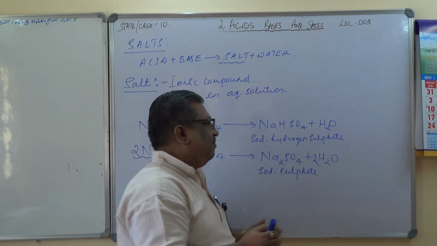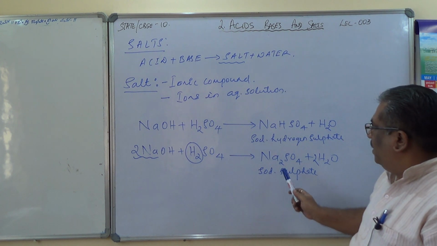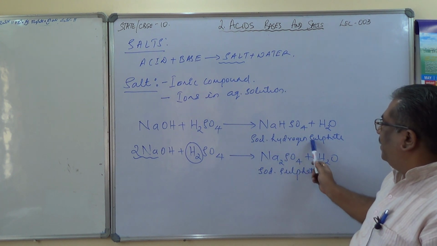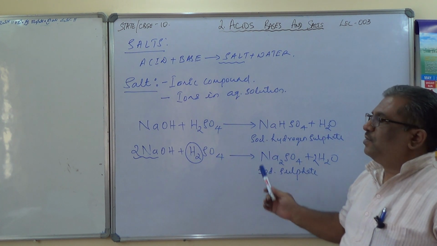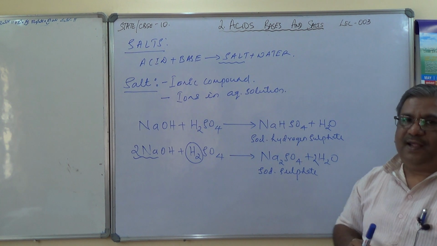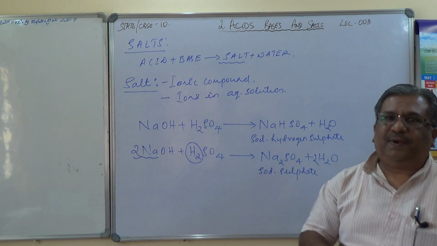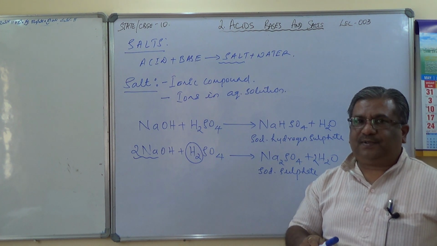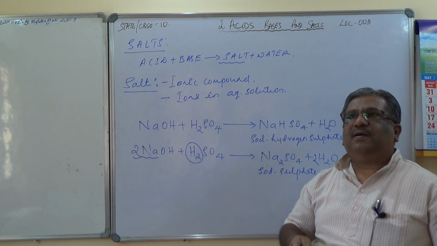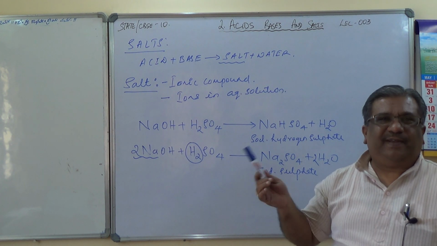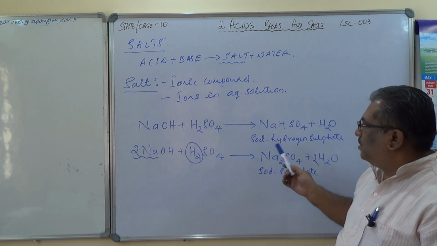So dear students, we can define the salts something like this. These two are salts here. Which one? Sodium sulfate and sodium hydrogen sulfate. These two are the salts. And the definition of the salts can be something like this also. A salt is a compound which is formed by either partial or complete replacement of replaceable hydrogen atoms of an acid by a metal or an ammonium ion. By a metal ion you can say for your standard, or ammonium ion also actually speaking. So what is the salt here?